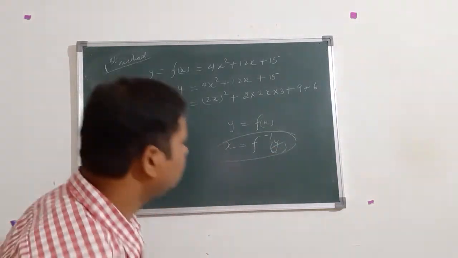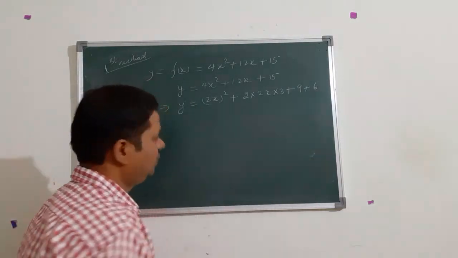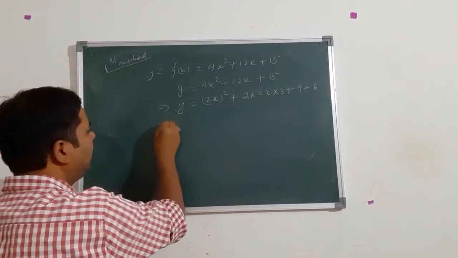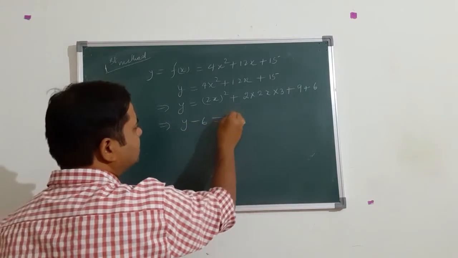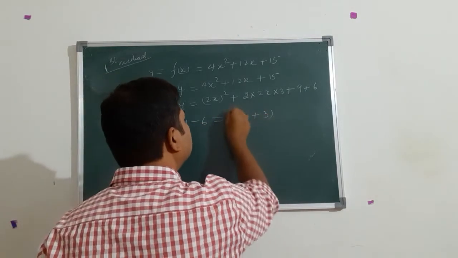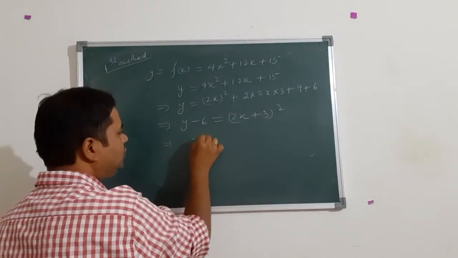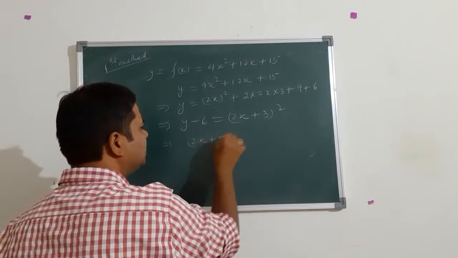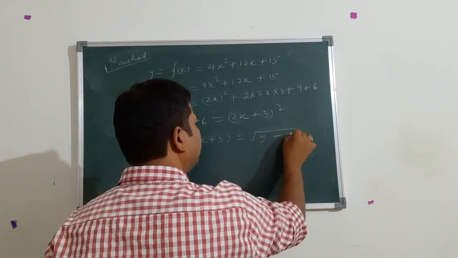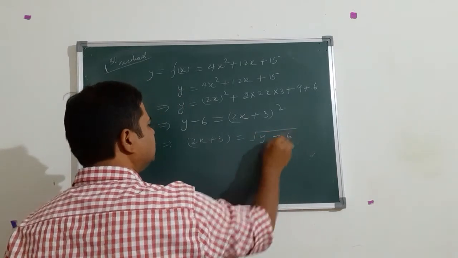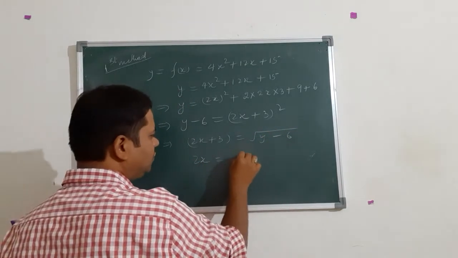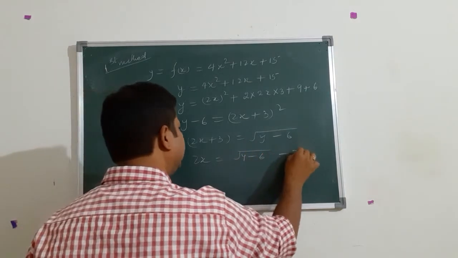So first of all, we represent it in the form of x. So y − 6 = (2x + 3)². So 2x + 3 is nothing but √(y − 6). So 2x is √(y − 6) − 3.